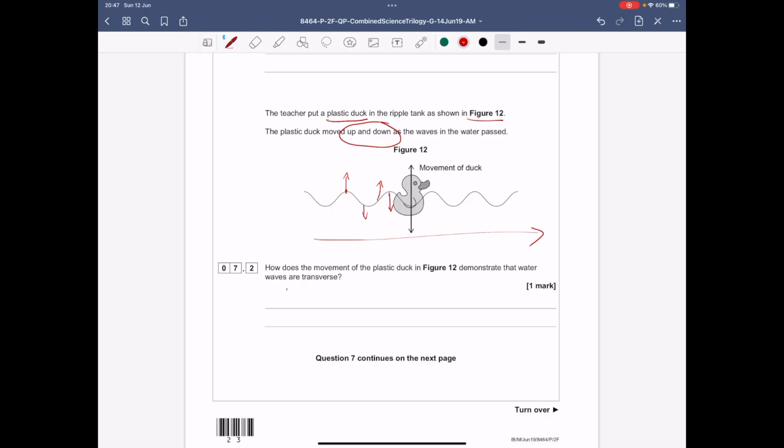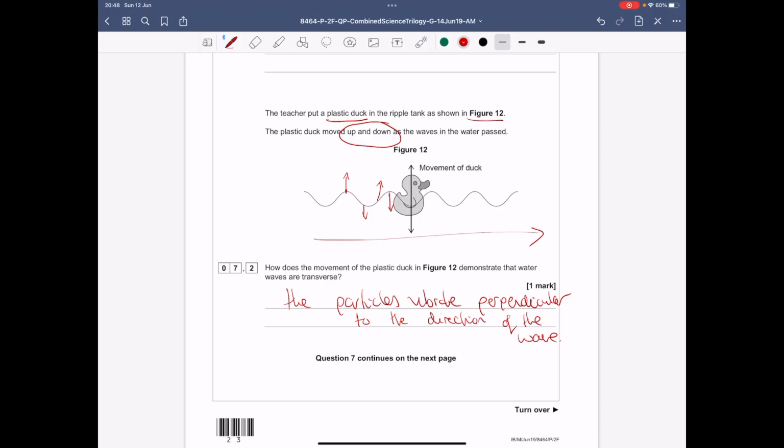So we say the particles vibrate perpendicular to the direction of the wave. The particles or the duck move perpendicular because it's the particles that are moving the duck.